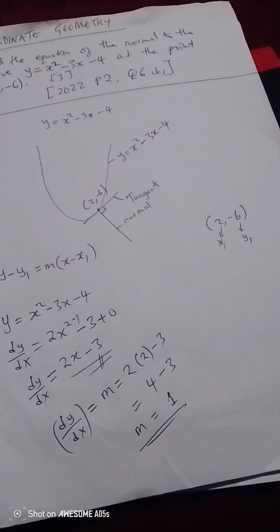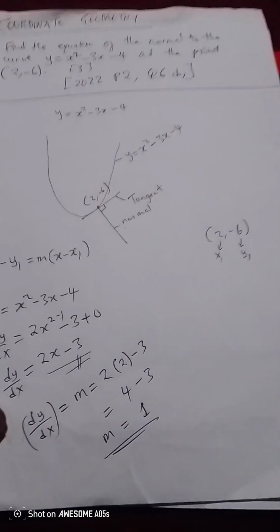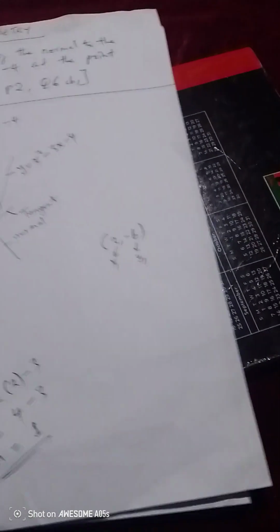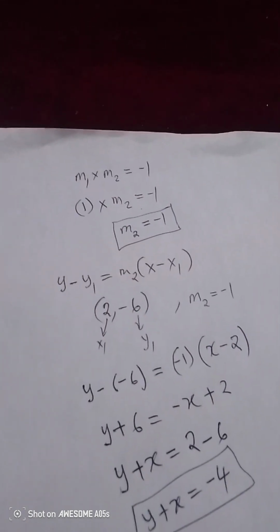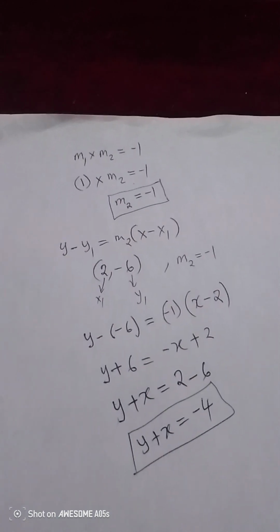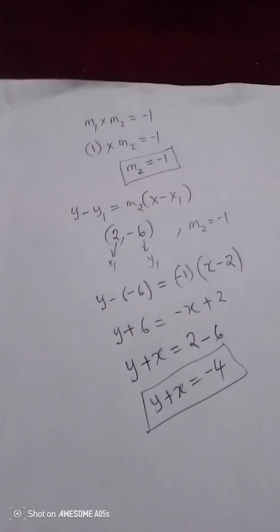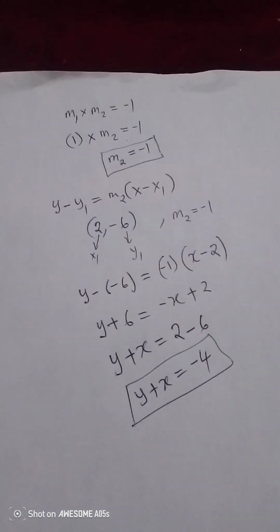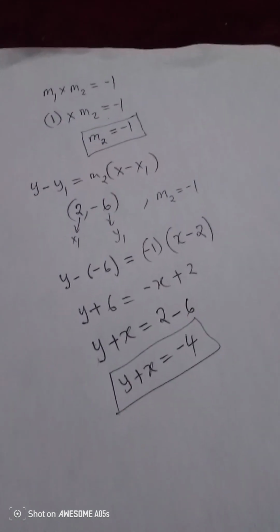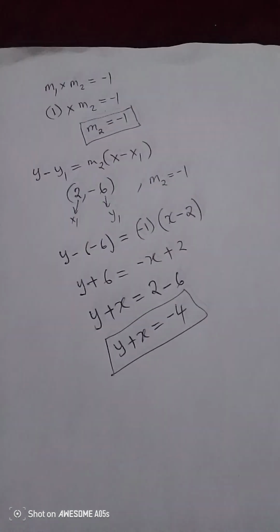Now that you have found the gradient of the tangent, you are going to use the idea to say when the two lines are perpendicular, m1 m2 equals negative 1. After you have found that, you're going to make use of the gradient that you have found, which is m2, and the point which you are given.